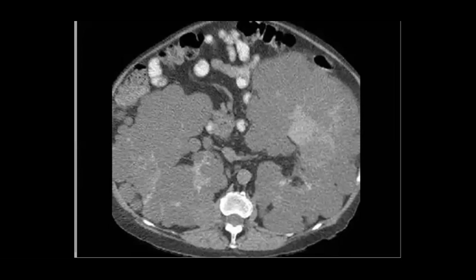And the history of this patient will be that maybe he has hypertension, he has what is called autosomal dominant polycystic kidney disease. So he has renal failure as well. Do you expect to have renal cell carcinoma in this patient?